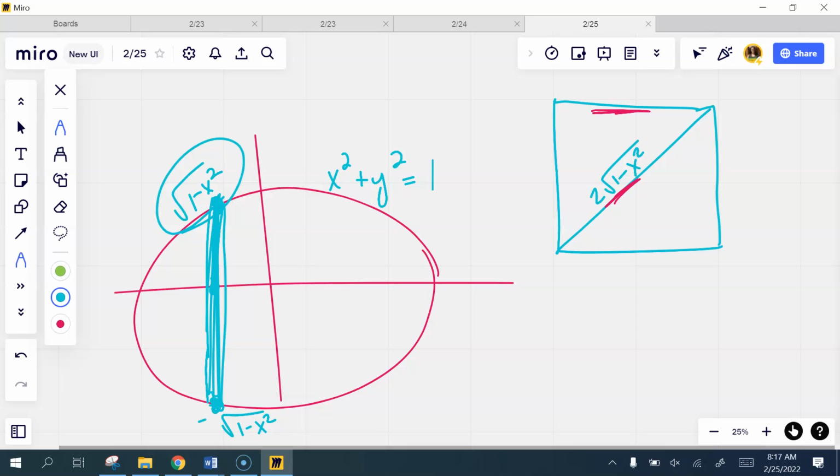We agree that this is the diagonal. Okay, this is 1C. This distance from the x-axis to here, from the x-axis to any point, it's the square root, right? But it's doubled because there's 2 of them, because it spans the whole thing, not just one. So that's why it's 2 times.